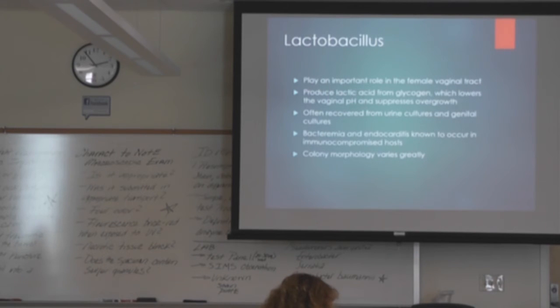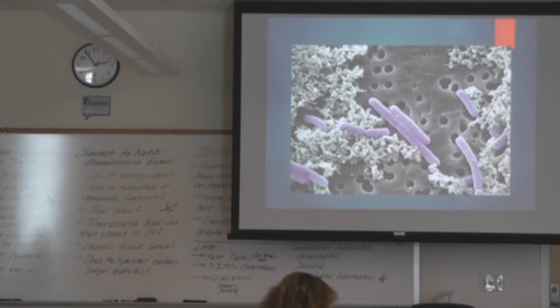The other thing is you can often recover it from urine cultures and genital cultures as well, okay? On the flip side, bacteremia and endocarditis are known to occur in immunocompromised hosts, so as an opportunistic infection. The systemic infections are pretty rare though, okay? And that's a picture of it right there in purple.